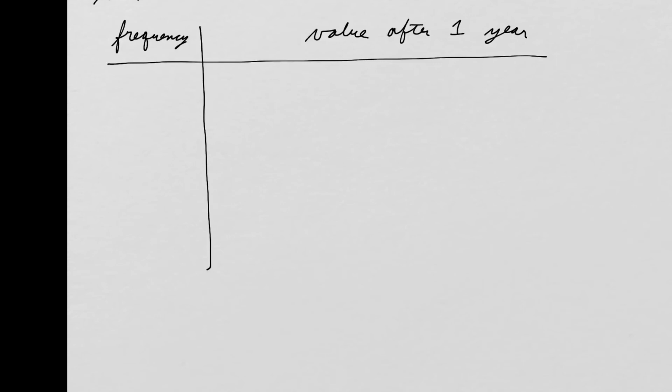Okay, so if it's compounded annually, then the interest is going to be based on the APR, right? Because if you plug into the formula annually, it's going to be A, which is 100, times 1 plus R, which is 0.10, divided by 1, because remember K is 1 in this case, if it's annually.